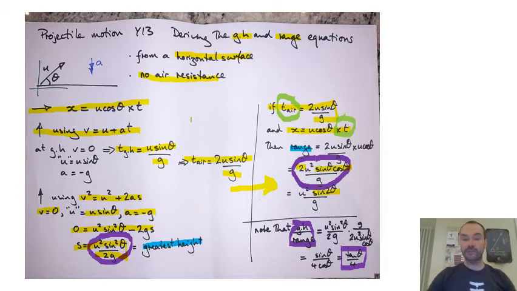And that came up every so often, a question that gave you greatest height and range. Could you work out the angle and then onto the speed. And yes, you can by doing that.